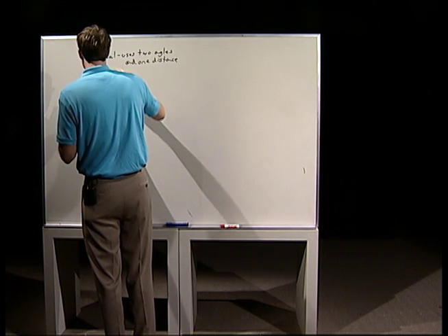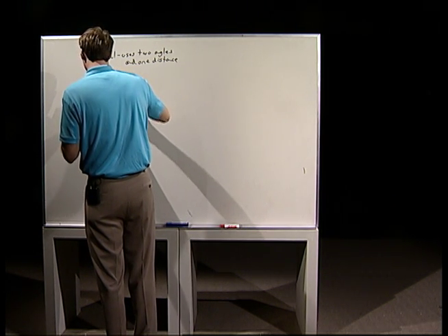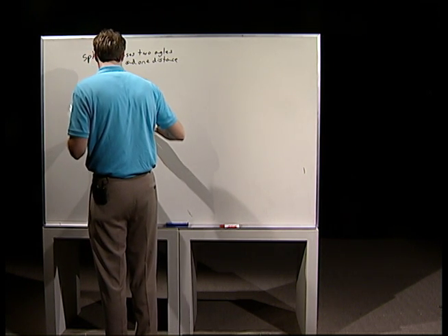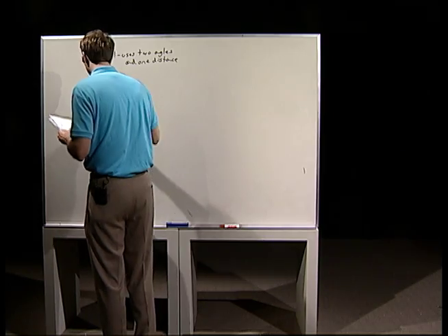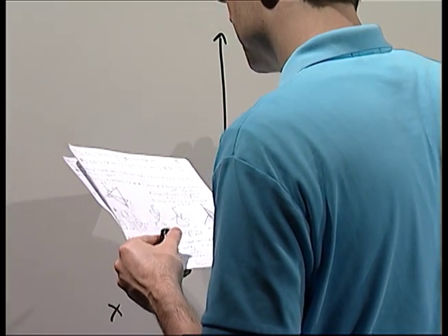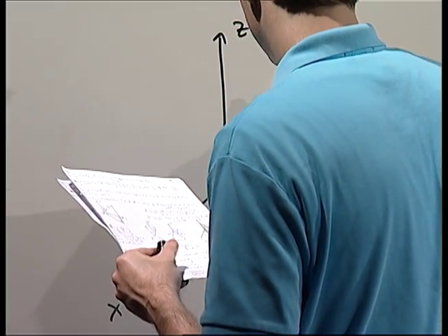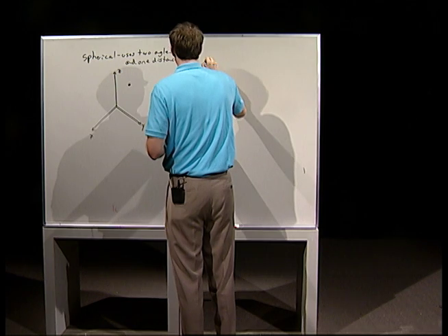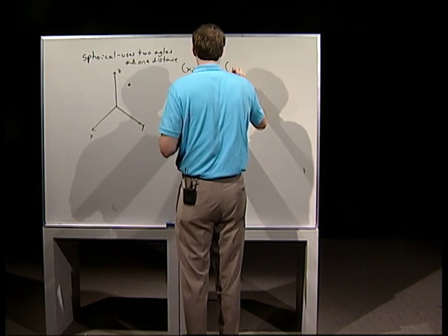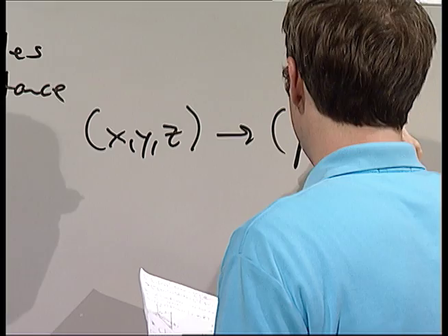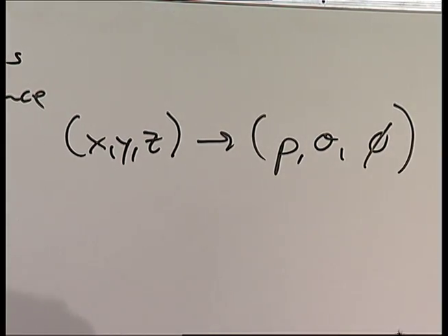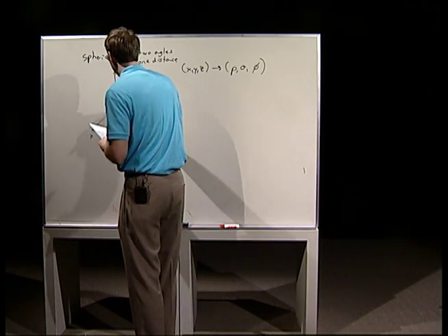So let me draw the picture here first, and maybe we can get some indication from that of what's happening. So here is a point in space. This point x, y, z is going to become a point rho, theta, phi. Okay, rho is just a straight distance.